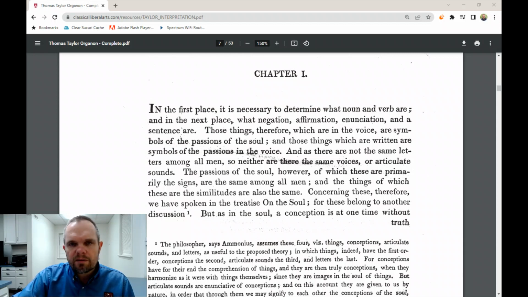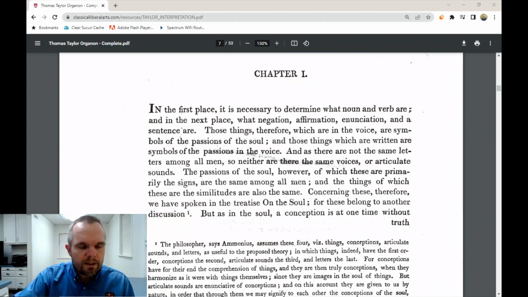But of the parts of speech, whether we identify 8 or 9 or 10, as some do in Greek, Aristotle here mentions only 2, the noun and the verb. And the reason he mentions only 2 is because these 2 alone are necessary for the formation of judgments or propositions. All right?